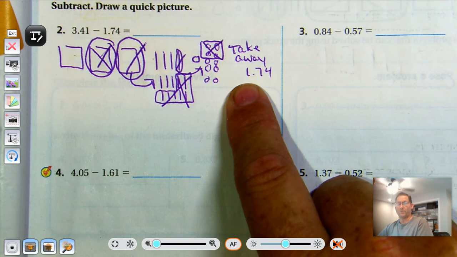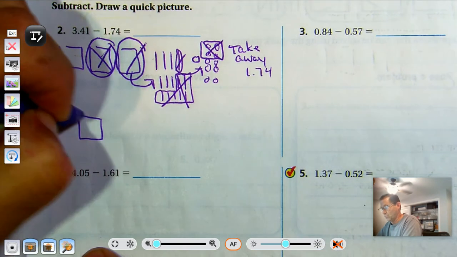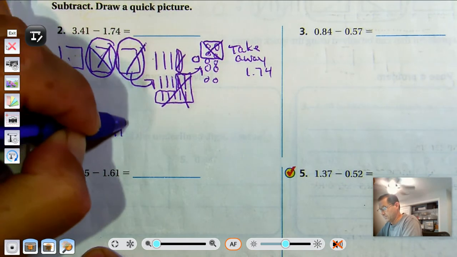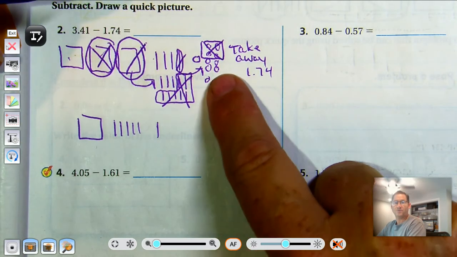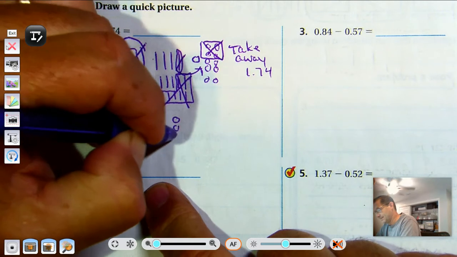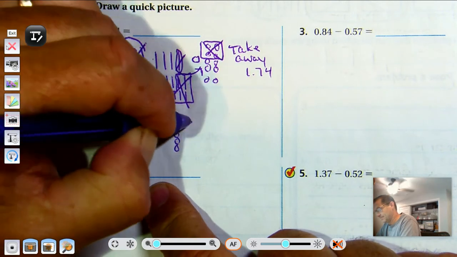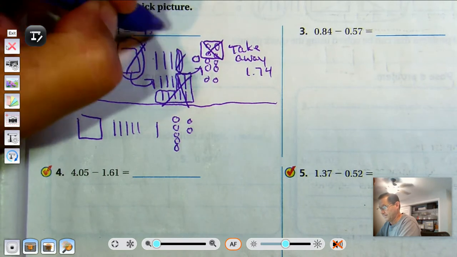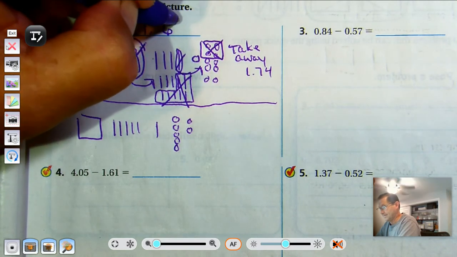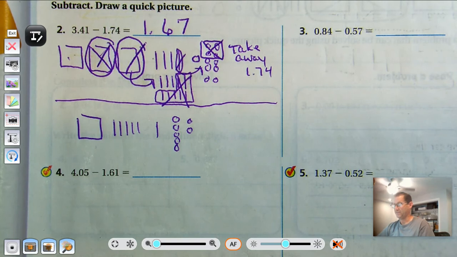So what are we left with? We're left with 1, 6/10, and 2, 4, 6, 7 hundredths. So 1 and 67 hundredths.